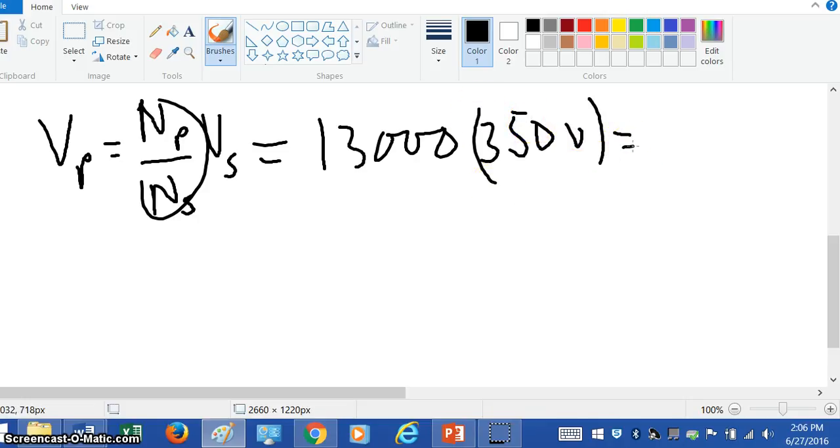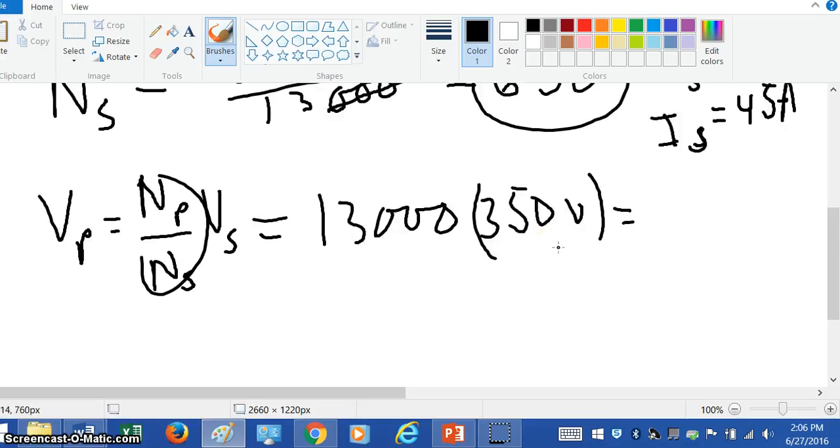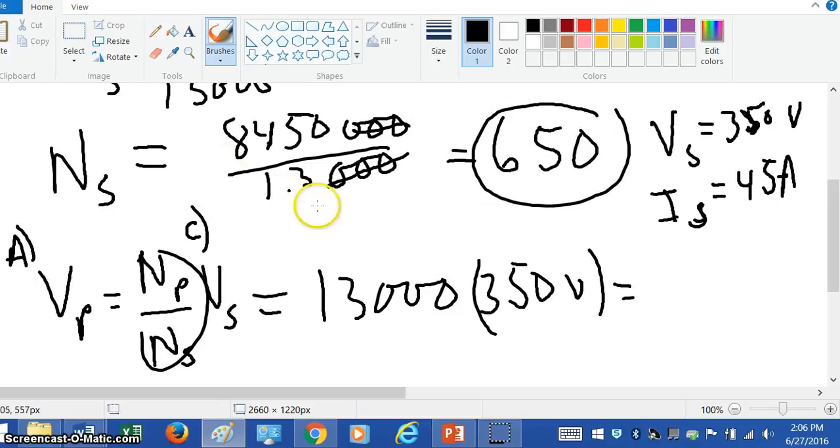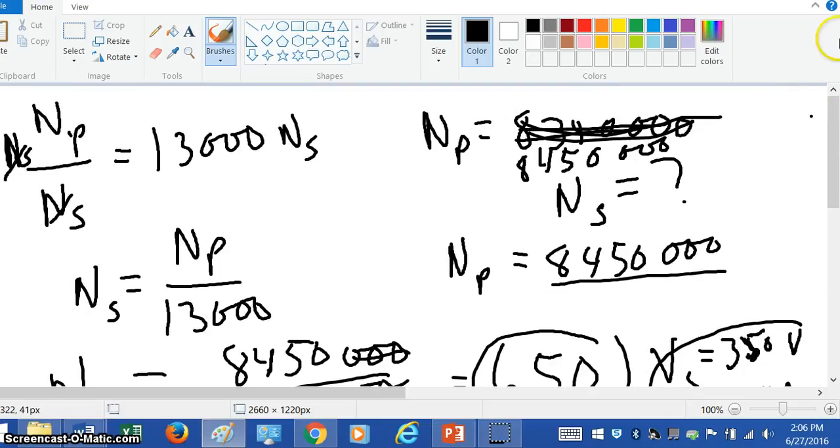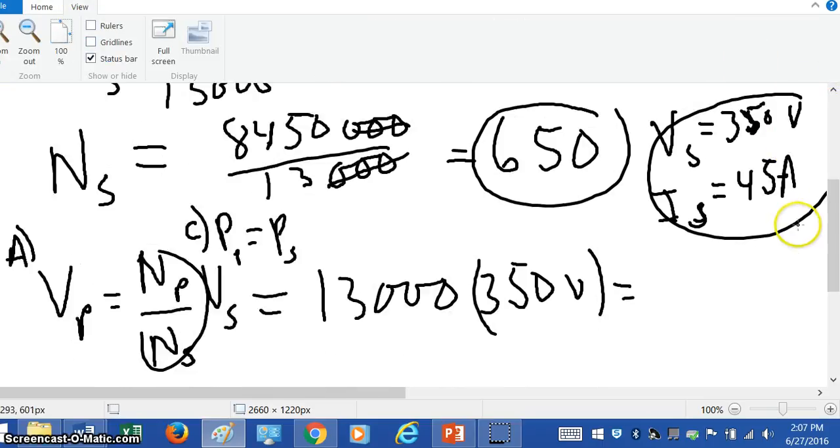That'll give us part A. Of course, we could have done part C first by just multiplying, because the power in the primary equals power in the secondary, and these two numbers here give us the power in the secondary. So it's just 45 amps times 350 volts, and whatever that turns out to be.